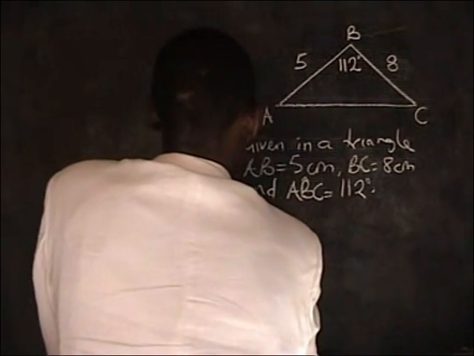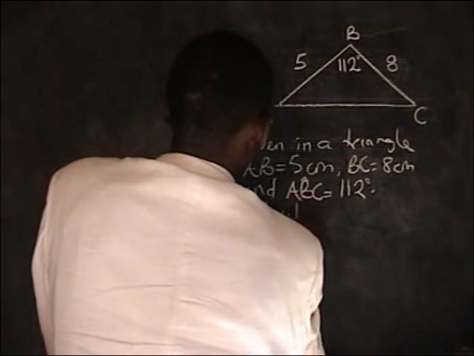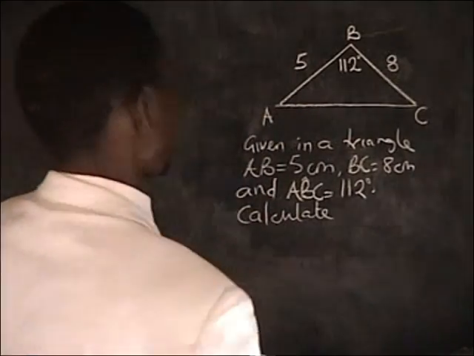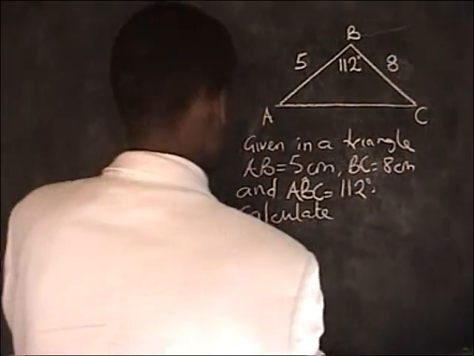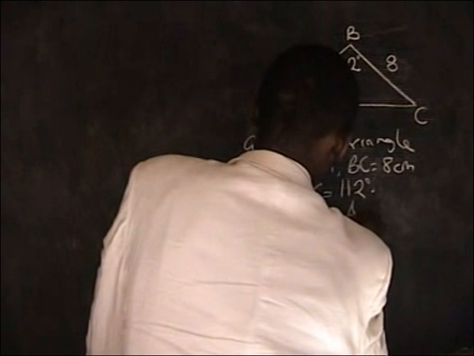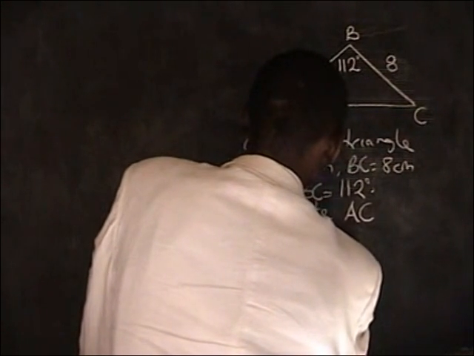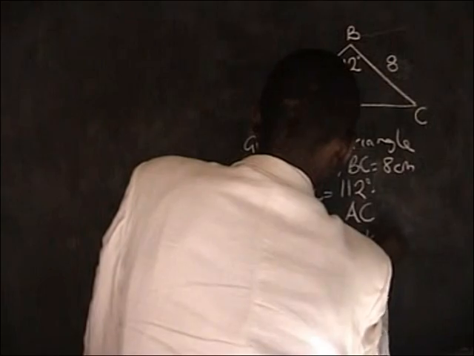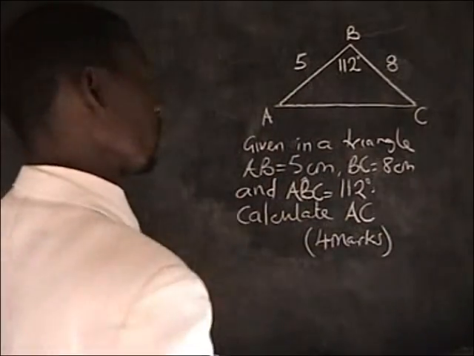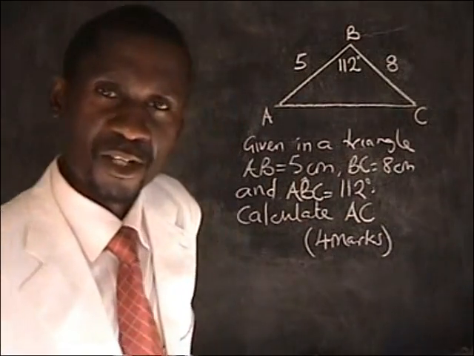Then the question: calculate the side of length AC, calculate AC, and this is 4 marks. Let's assume that in your time you come across such a question.